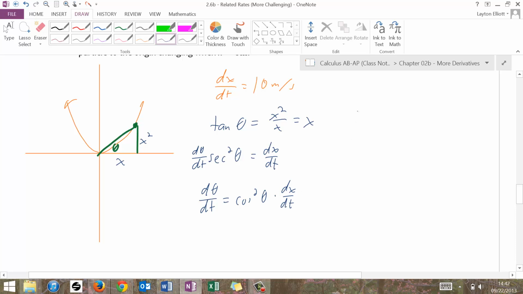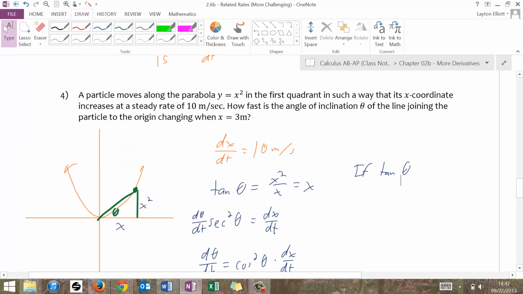Okay, so let's do this. If tangent of theta equals, and let's see, it says when x is equal to 3. So let's burst back up. When x equals 3, x squared equals 9.